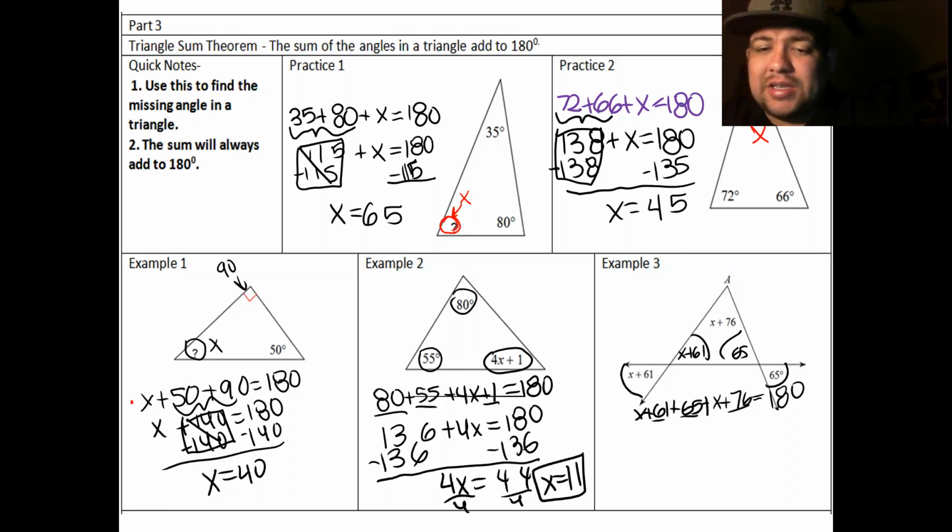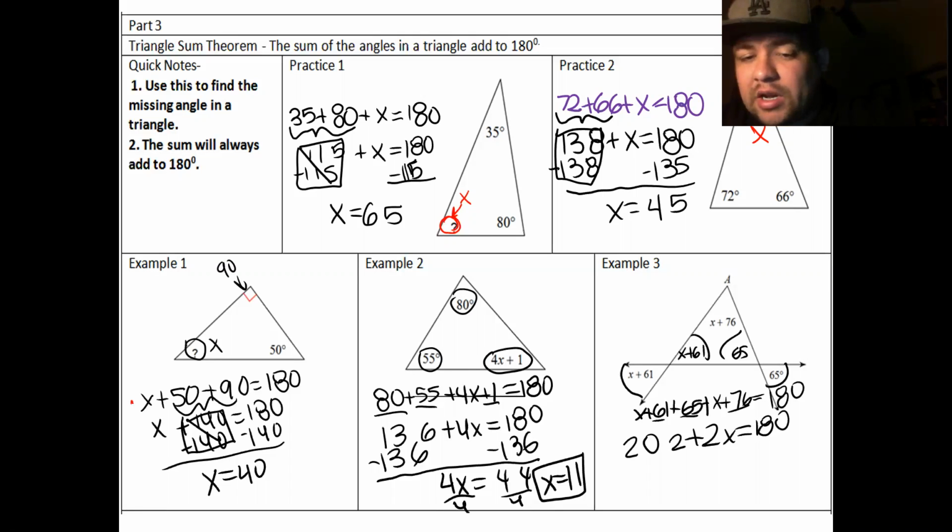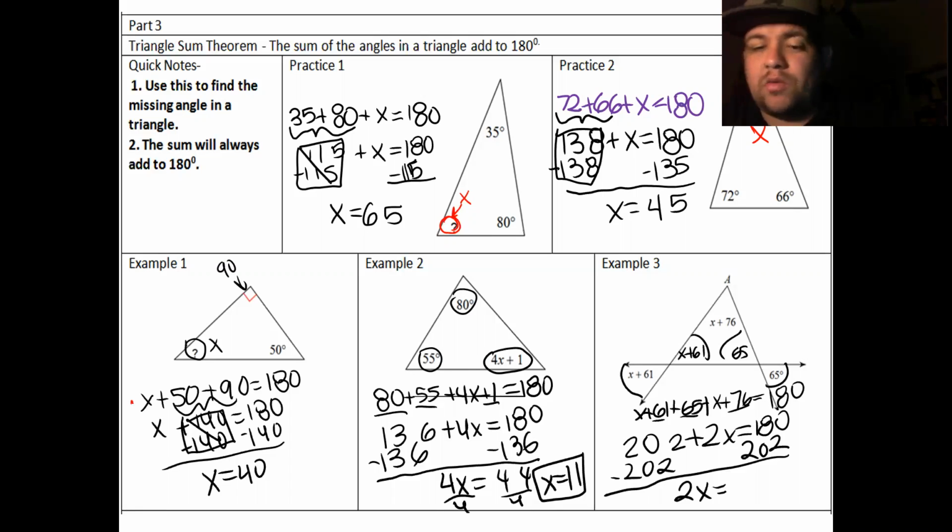So that's 6 and 5 is 11, 11 and 1 is 12, and so on. That gives 202 plus 2x is equal to 180. I'm hoping that's right. When we simplify this out, we're going to subtract 202. I'm hoping I didn't mess that up. We're going to get 2x is equal to negative 22. Divide that out, we're going to get x is equal to negative 11.